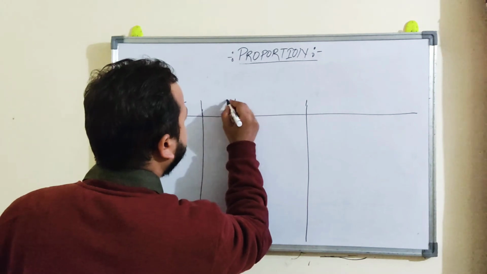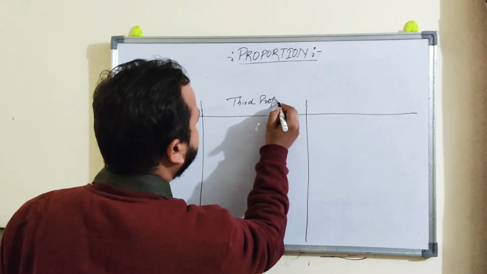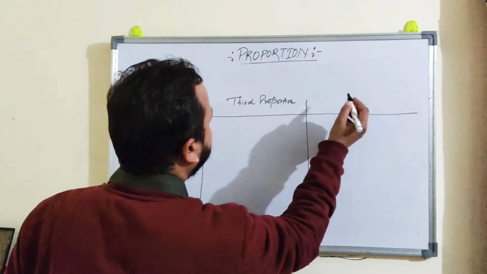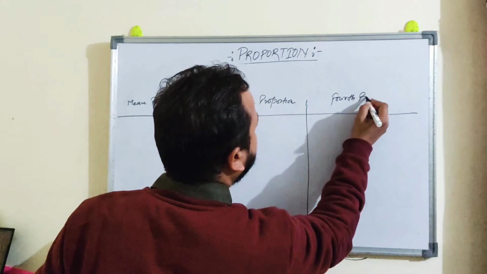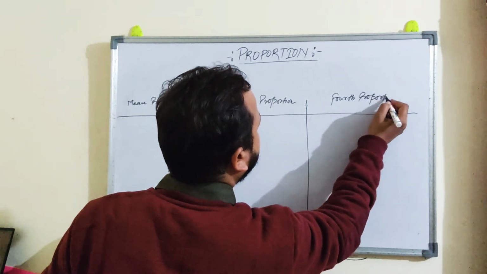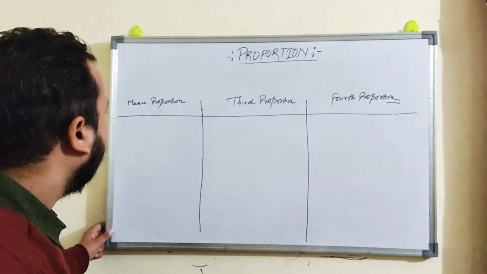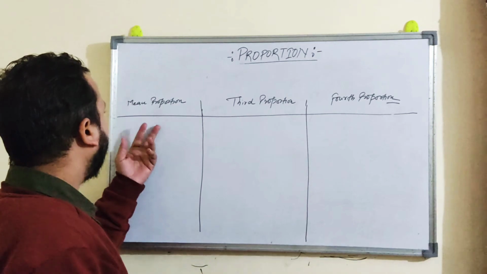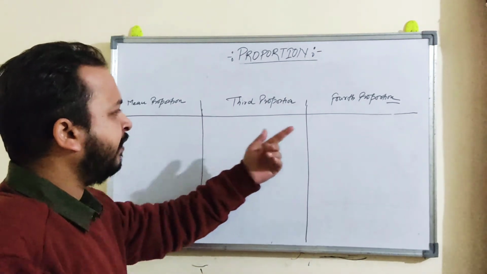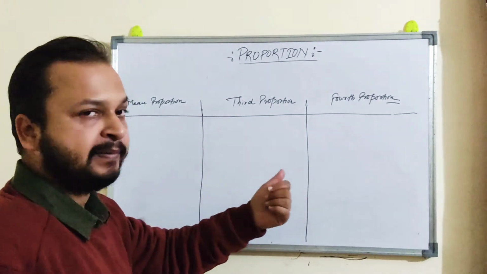Second one is third proportion, and next is fourth proportion. Now we are going to find out the formulas for these three proportion types.